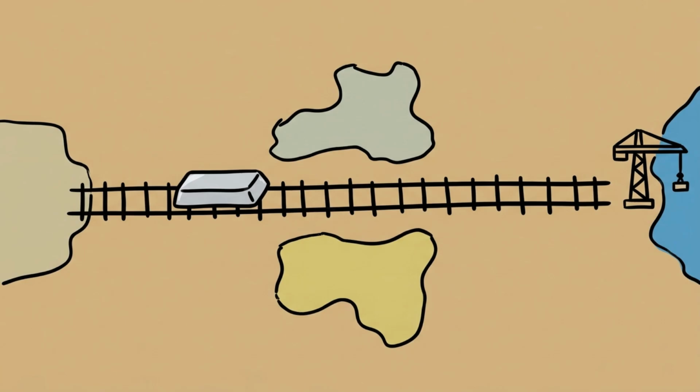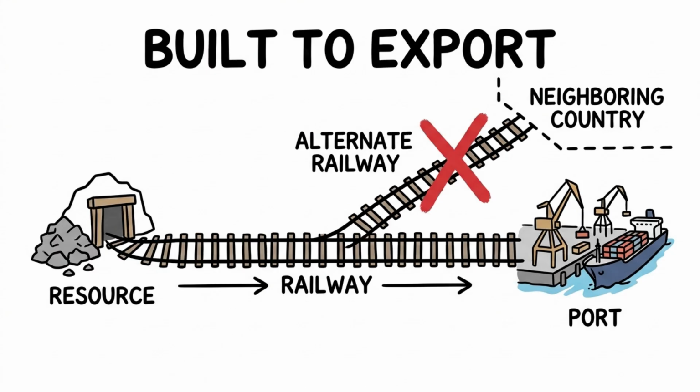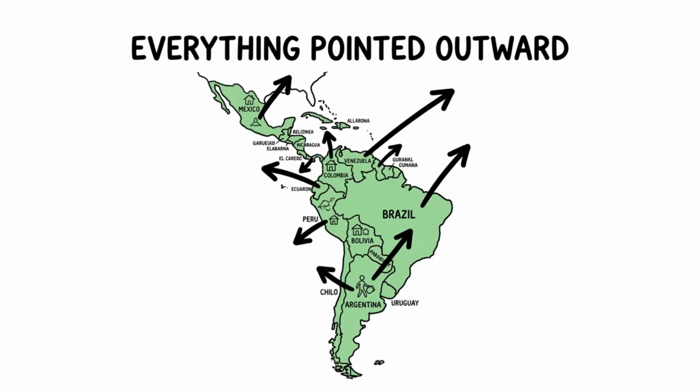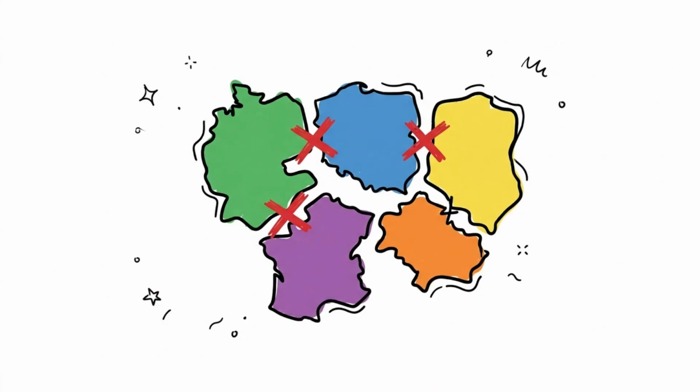The railways, when they eventually arrived, were built to move resources out to the coast for export, not to connect one Latin American capital to another. The physical infrastructure of the region reinforced the same pattern the administrative history had already set in motion. Everything pointed outward, toward the old colonial centers of power, and almost nothing pointed sideways toward unity between neighbors.